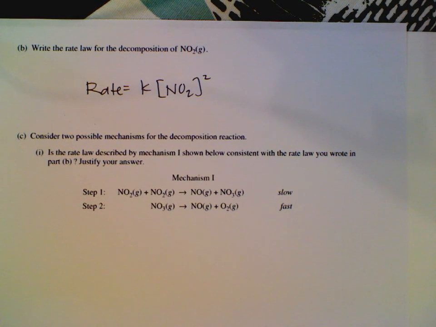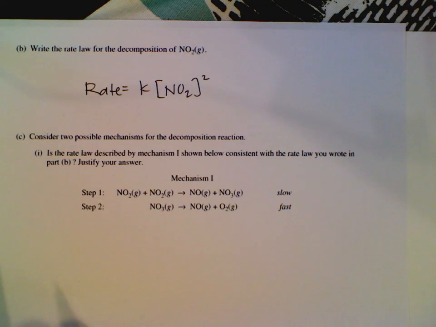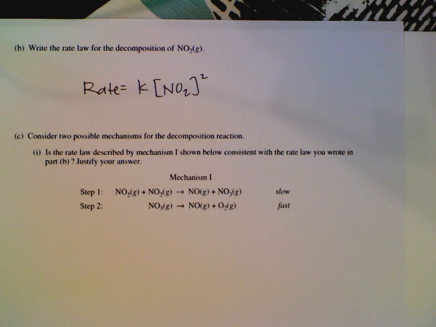C says consider 2 possible mechanisms for the decomposition reaction. For part 1, it says, is the rate law described by mechanism 1 shown below consistent with the rate law you wrote in part B? Justify your answer. So this is where we come back to mechanisms and remembering that the number of each element that you have, or their coefficient, is the power when we talk about a mechanism step.